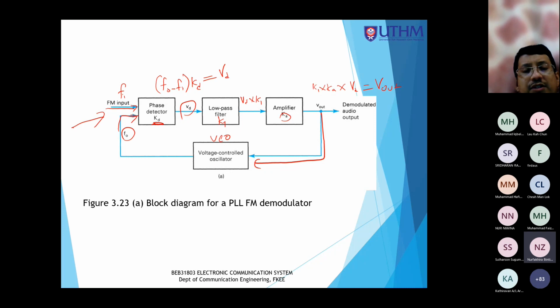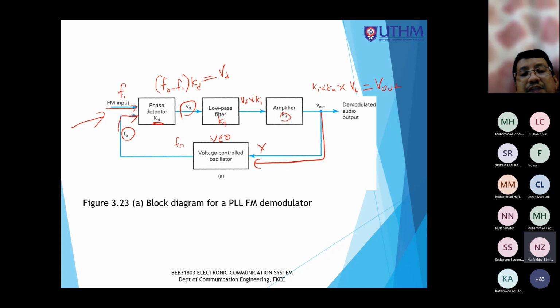The VCO will track the changes of voltage and produce a frequency difference at the output. If, let's say, there's no input to the VCO, the output is going to be at the neutral frequency Fn.